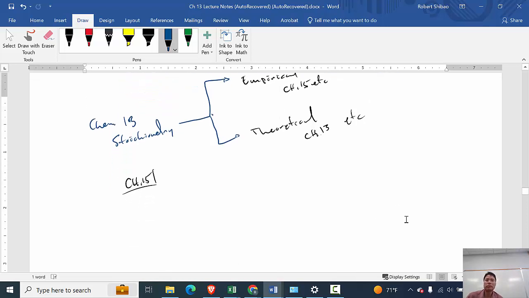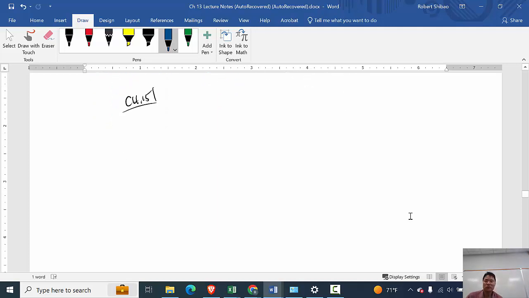So what we're going to do is we're just going to look at the observations. We're not going to try to predict. That would be too difficult, wouldn't it, to predict what the percentage ionization is for all the weak acids? Yeah, I think so. So let's take a look at a reaction.